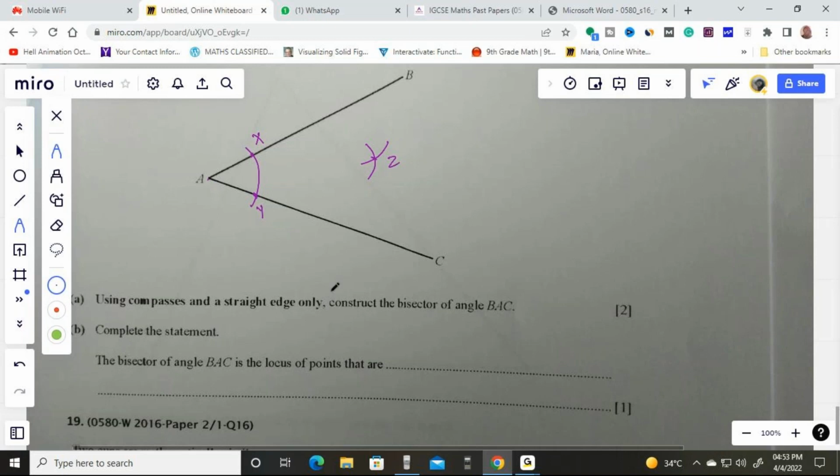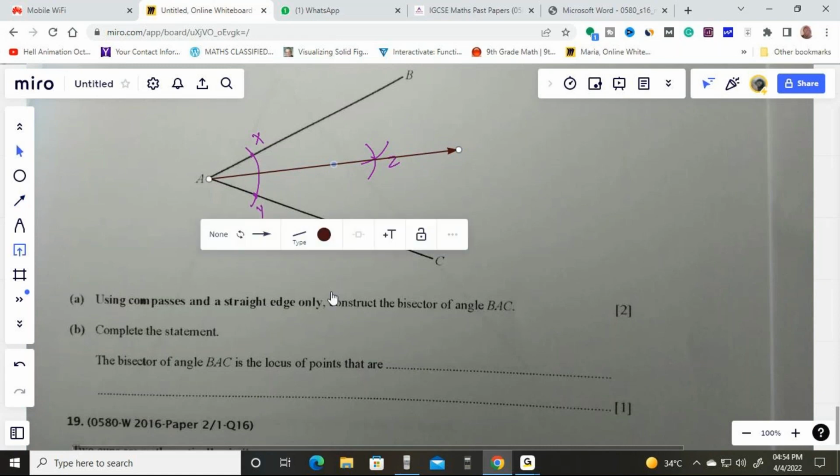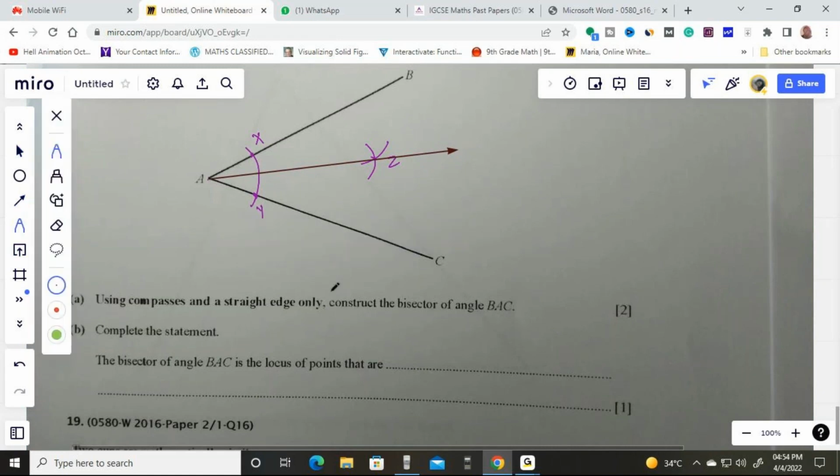That ray will depict the bisector of angle BAC. You have done this already. I extend it a little beyond like this. That is your angle bisector of BAC.